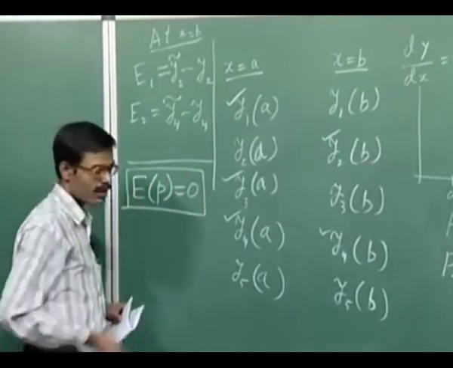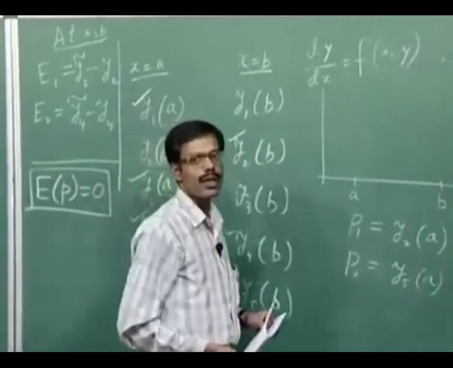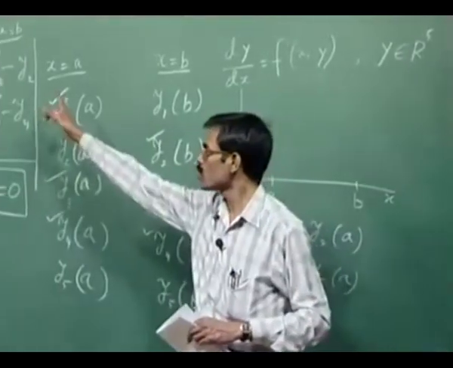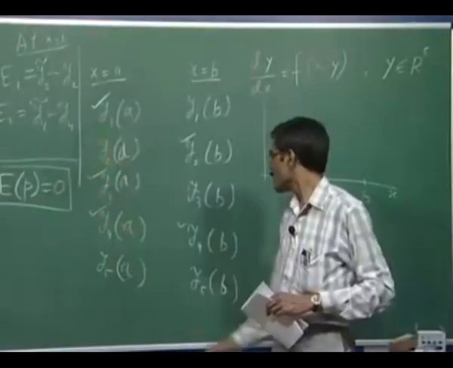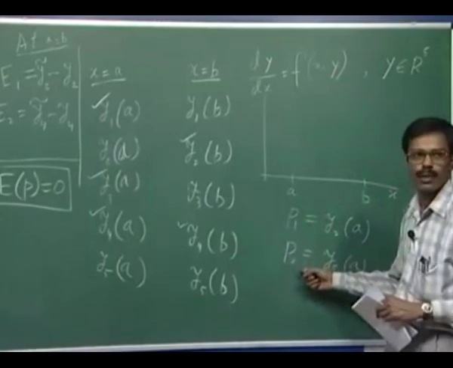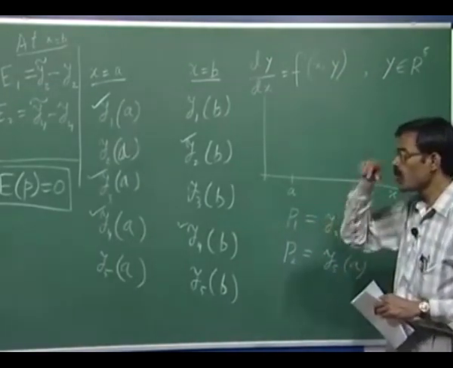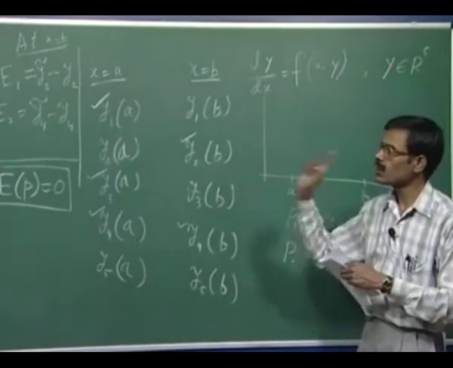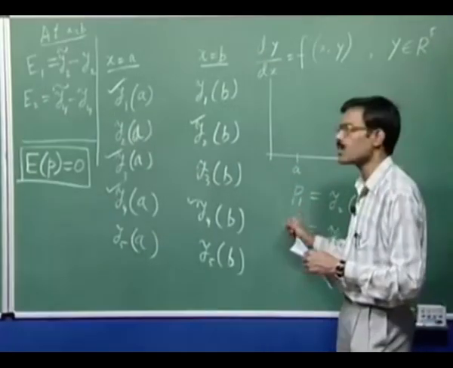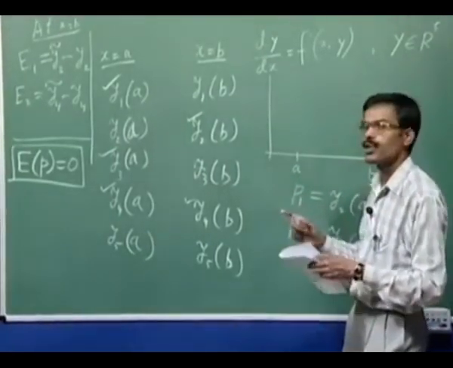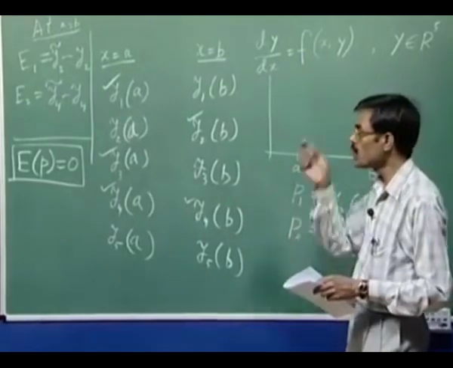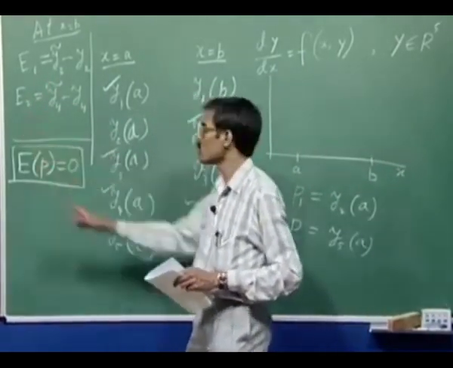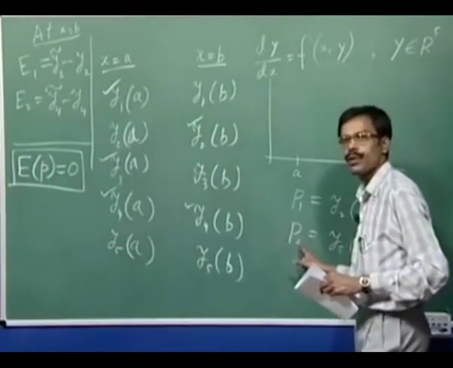In this particular case, this system is actually a system of 2 equations, E1 equal to 0 and E2 equal to 0, in 2 unknowns P1 and P2, right. So, we can try our standard Newton-Raphson method for solving these 2 equations in these 2 unknowns, and for that we will need the Jacobian. Jacobian means the derivative of these 2 errors with respect to these 2 variables.